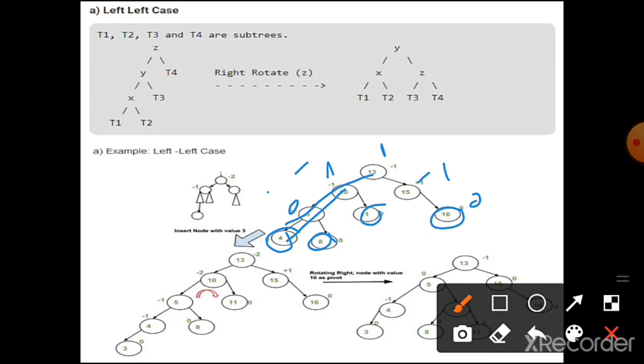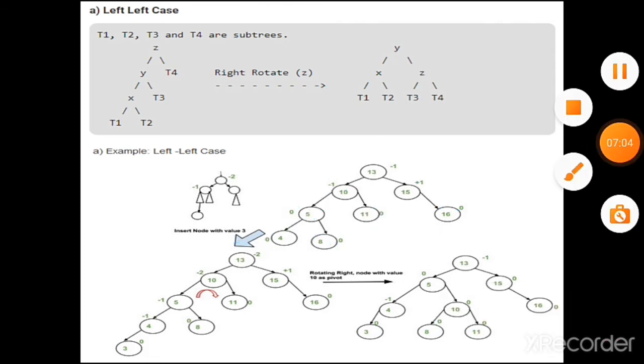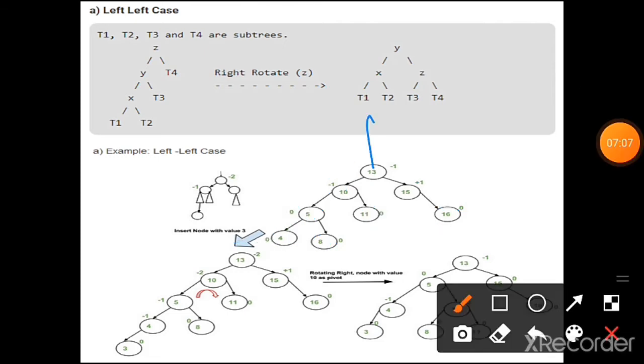So we need to insert node value 3. So 3 will first be checked from the root. It is a BST tree, so we start from the root, and 3 is less than 13. So move to the left subtree. Then 3 is less than 10, so move to the next node. 3 is less than 5, so move to the next left.